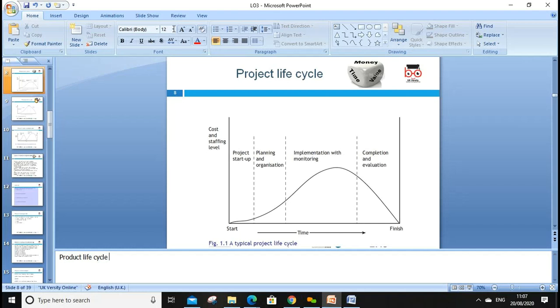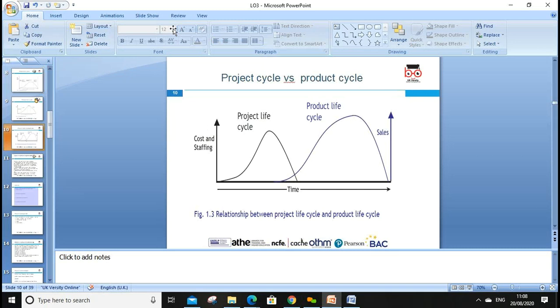The stages are project startup, planning and organization, implementation, monitoring, completion and evaluation. That's the project life cycle.